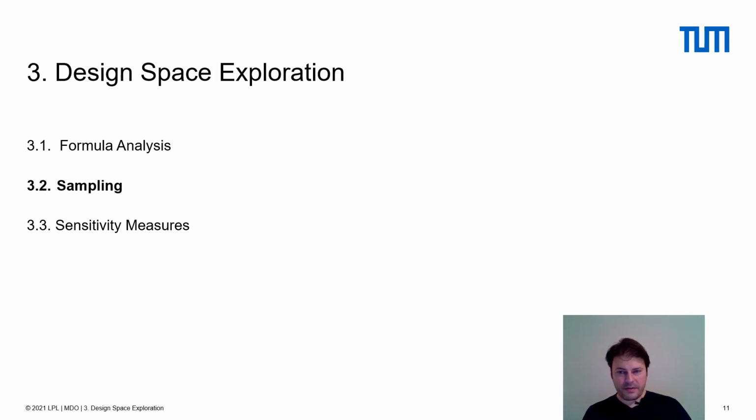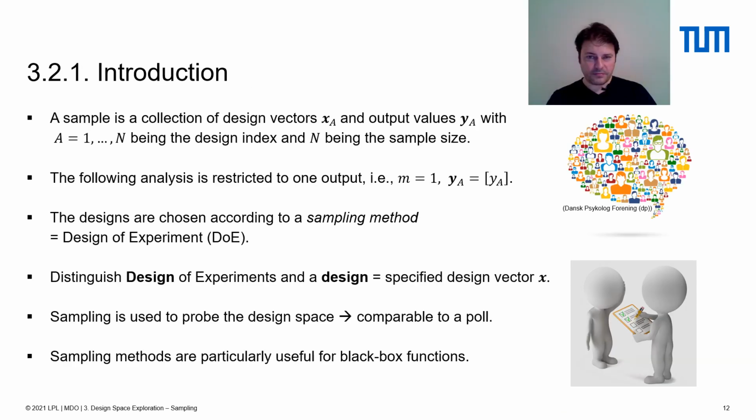This is the technique that we'll be using. It's called sampling, and I'd like to briefly talk about what we mean by sampling. A sample is a collection of design vectors and associated output values, where we use this notation: a will be our design index running from 1 to capital N, and N is the number of designs, also called the sample size.